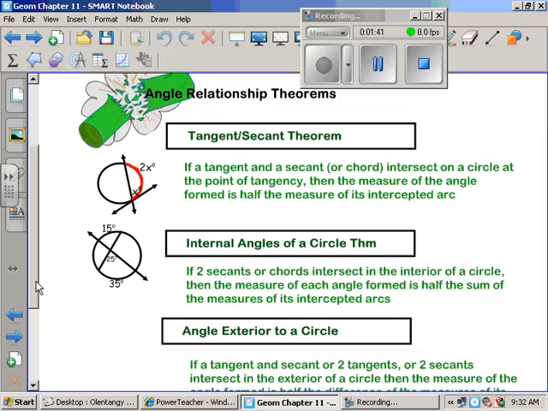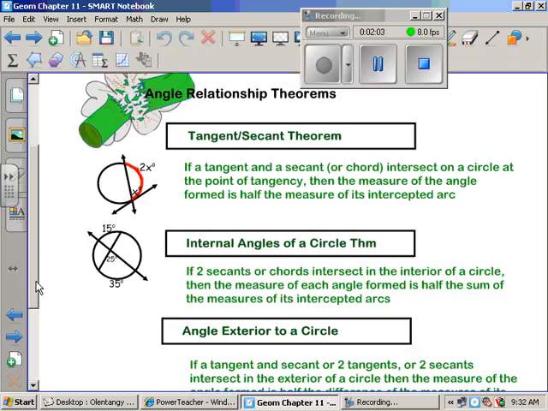Okay? So, if you add up this intercepted arc and this intercepted arc, 35 plus 15, and divide it by 2, you get 25. Okay? So, like on your homework tonight, you might get this angle and this arc, and you'll have to work backwards and get that arc, right?